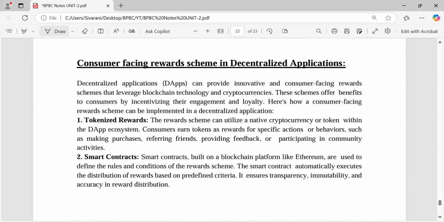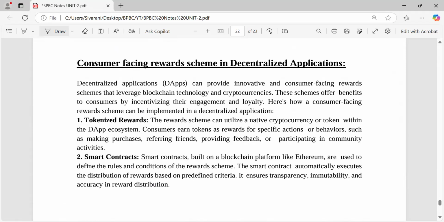Next topic is consumer-facing reward schemes in decentralized applications. Here are some innovative consumer-facing rewards leveraging blockchain technology and cryptocurrencies. How can a consumer-facing reward scheme be implemented in a decentralized application?